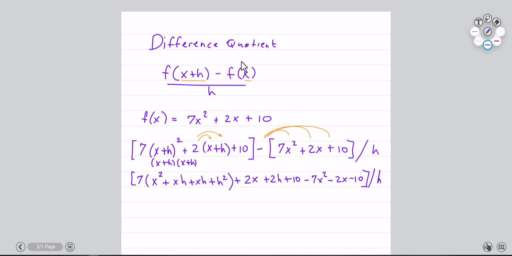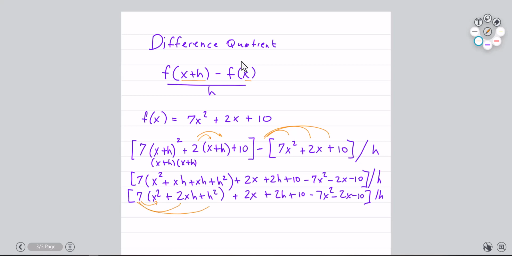All right, I can combine some like terms here. So I have 7x squared plus 2xh plus h squared. I'll go ahead and write everything again: plus 2x plus 2h plus 10 minus 7x squared minus 2x minus 10. So I didn't make any changes there. Now I'm going to distribute this 7.